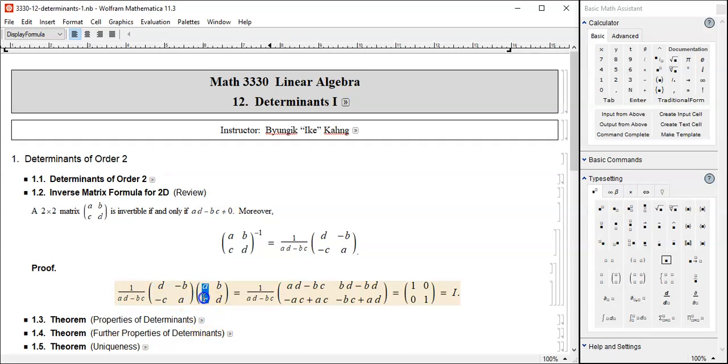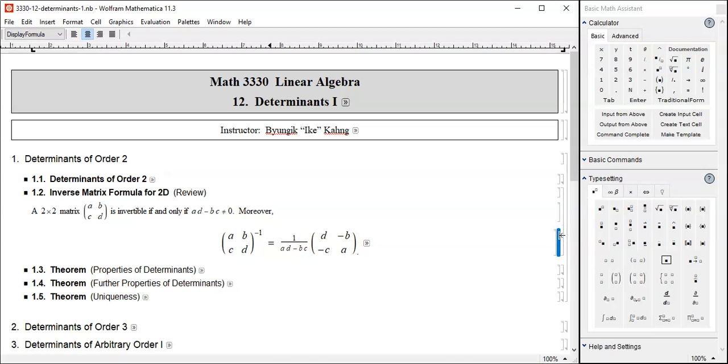First row times first column, first row times second column, second row times first column, second row times the second column. You get this, this, this, and that, and simplify. This and that will become 0, and these two will turn out to be AD minus BC. So upon dividing by that, yes indeed, I get the identity matrix.